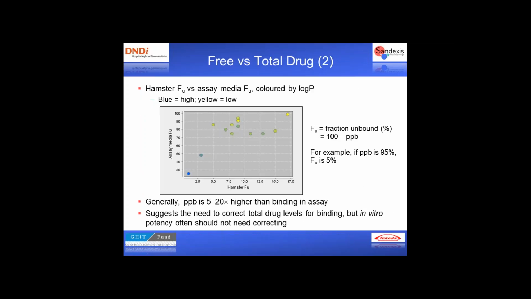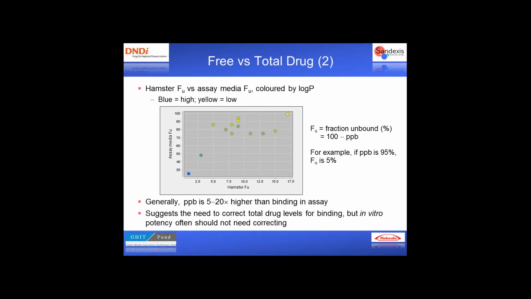So across a bunch of compounds, what we've got here on the y-axis is the fraction unbound of the compound in the assay media, and by fraction unbound I mean the percentage of compound that's free and not bound to plasma proteins, and the way you calculate that is you take the plasma protein binding away from 100 to give you fraction unbound.